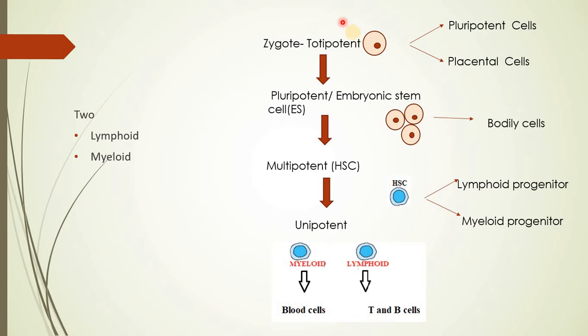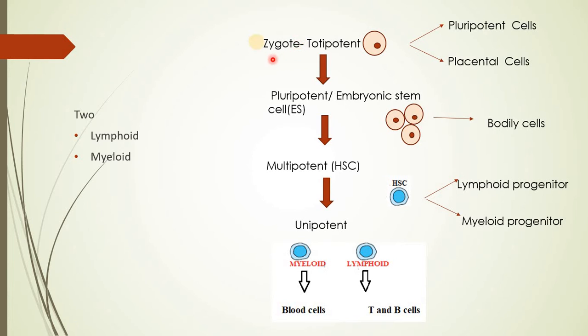Toti refers to complete or total. It means that this totipotent cell has the ability to give rise to any type of bodily cell present in the organism. The best example to describe the totipotent cell is the zygote. You all know that the zygote is formed by fusion of sperm and ovum, and this zygote has the ability to develop into a multicellular organism which contains different types of cells.